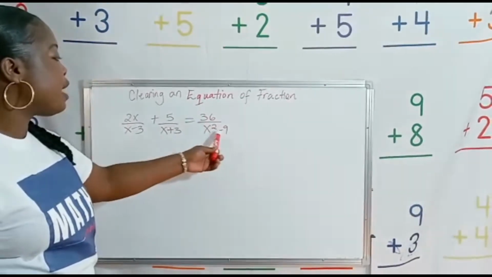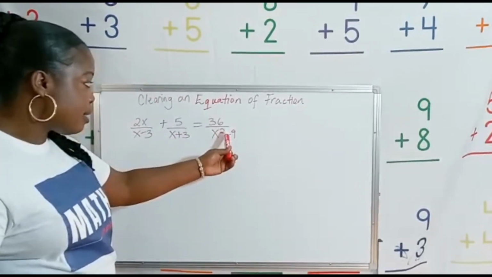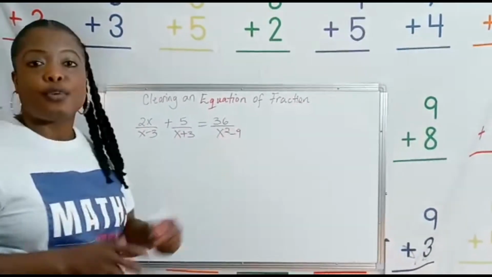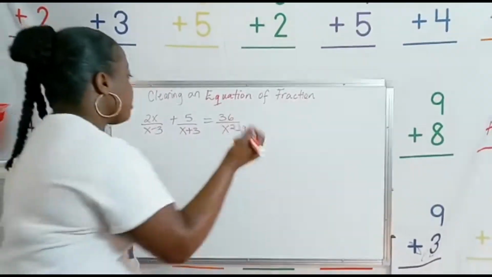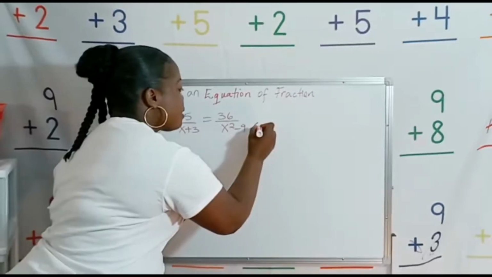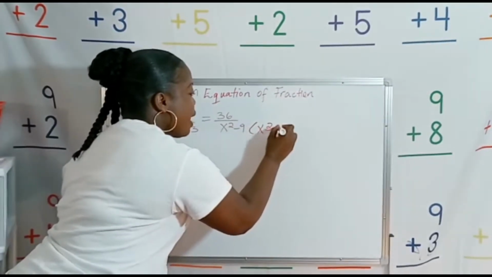Of course we know that x squared is x times x, and 9 is also 3 squared, which could be rewritten, and I'm going to put this as a side note, as x squared minus 3 squared.